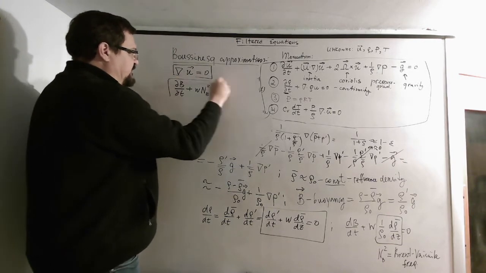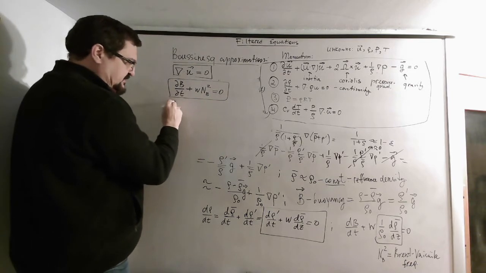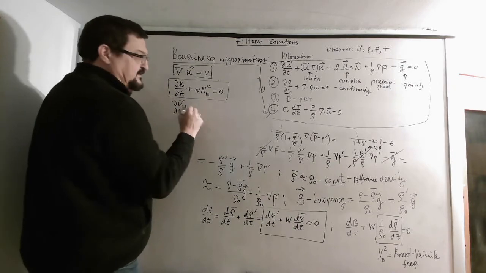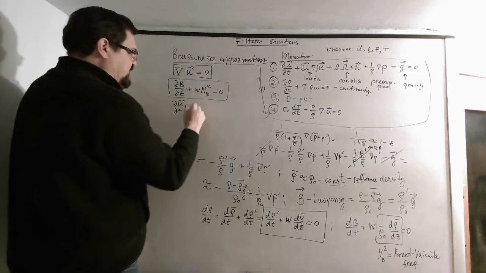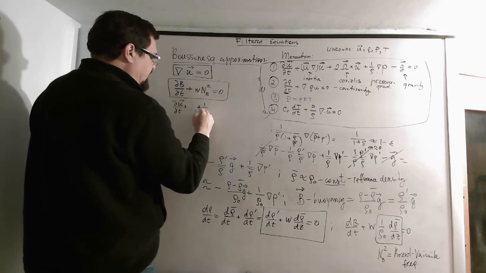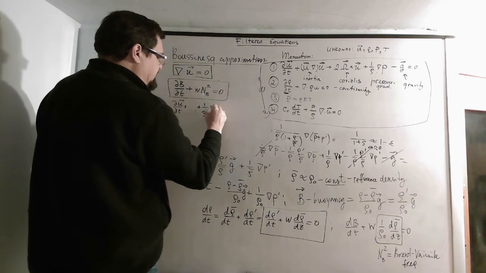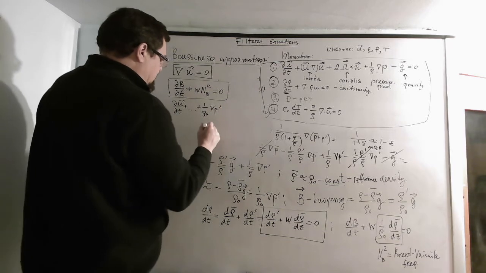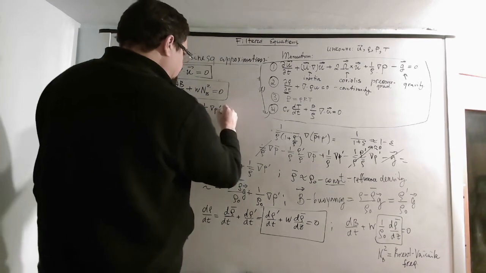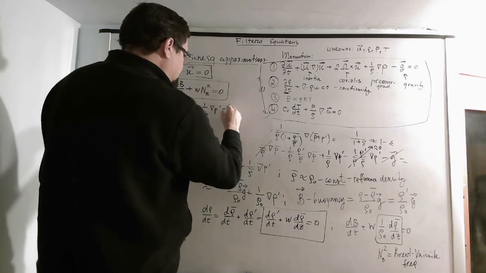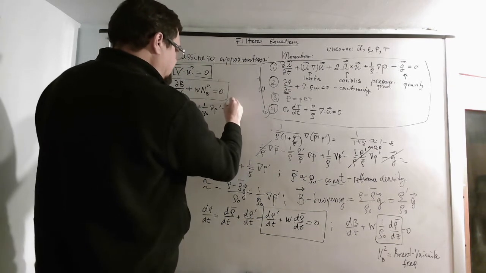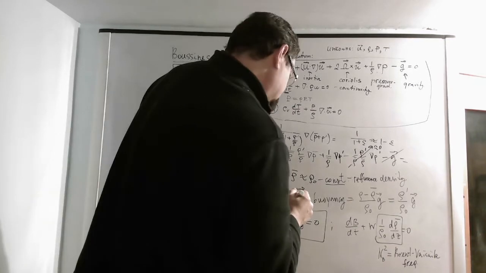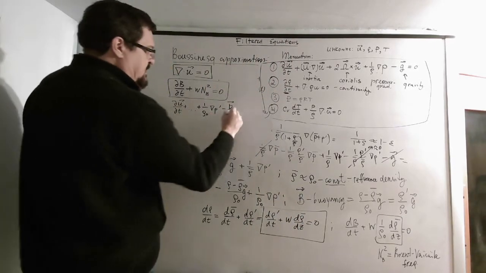This is our buoyancy equation. And the momentum equation: du dt plus all these terms, and instead of the pressure gradient term minus g, you have plus 1 over rho naught gradient of p prime and minus B. It's a vector because g is a vector. Equals 0.